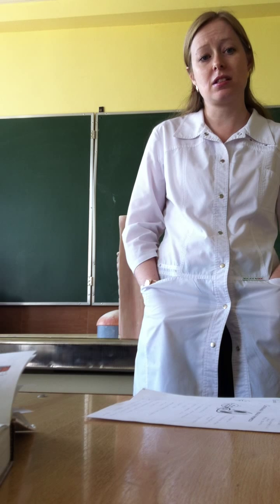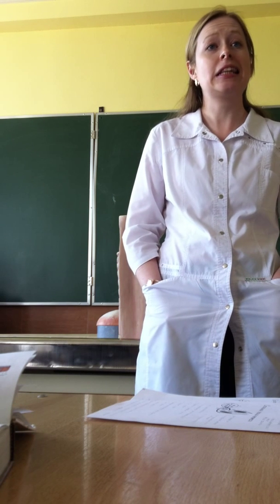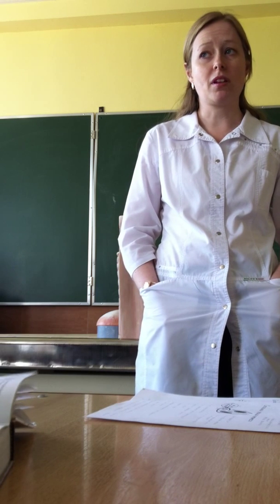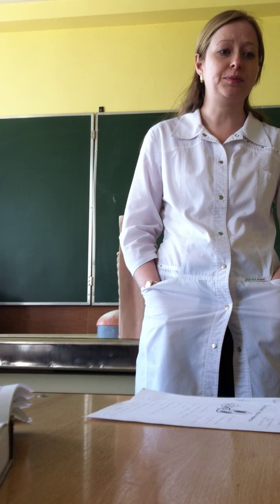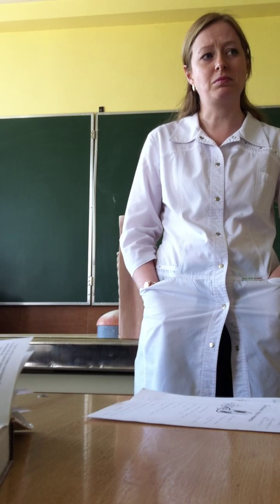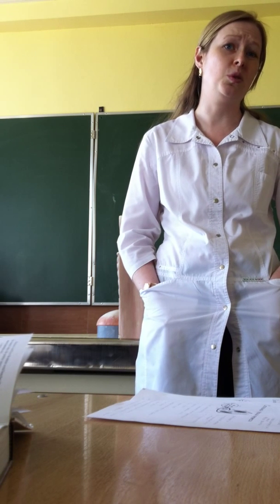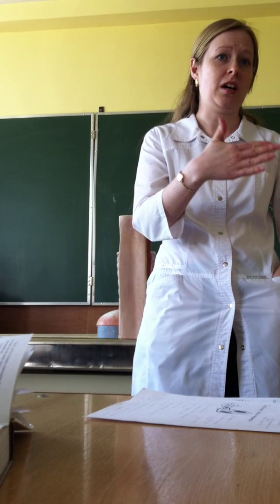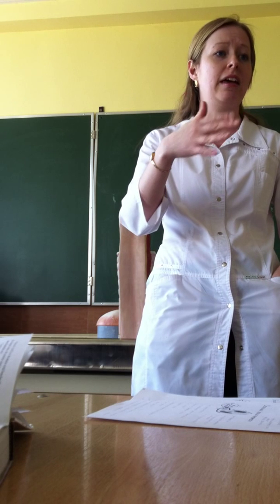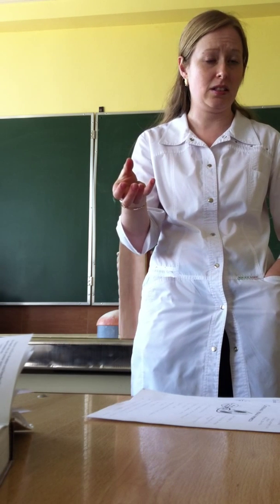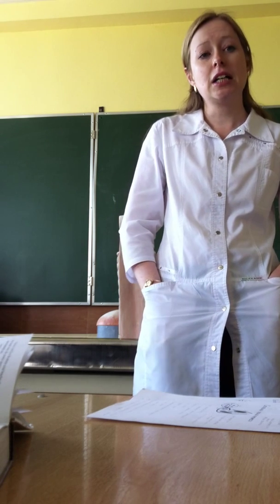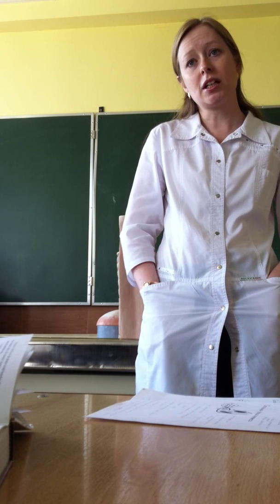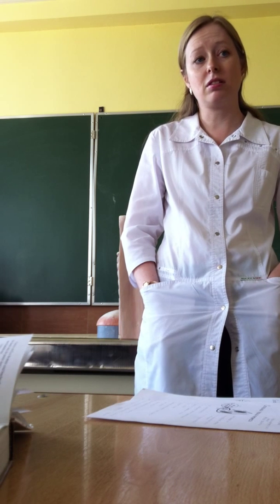There also may be problems in the more adult, old man, with the urinary system, urinary bladder and prostate gland. This gland is a parenchymal organ. It means that it consists of several parts.